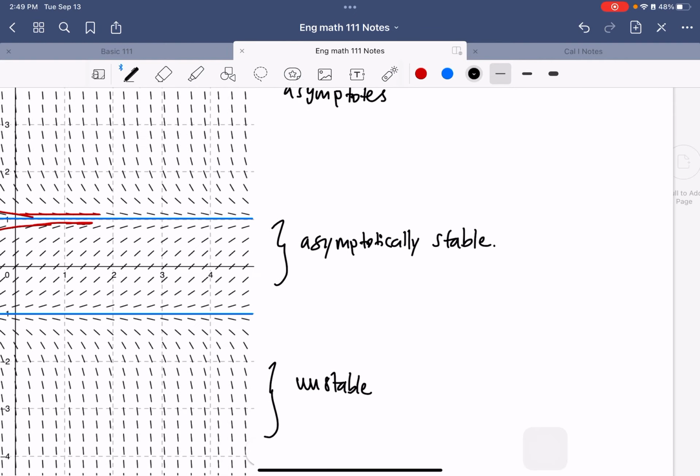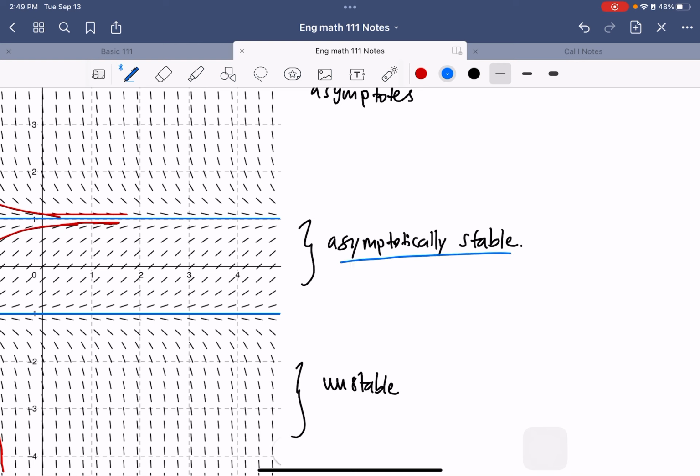Or we can say the stable one is when solutions start near some point, let's say near A, then move towards A as x goes to infinity. It means that it's going to reach near the asymptote. Okay?